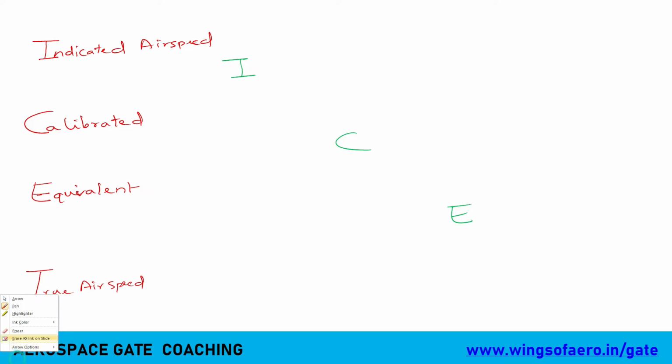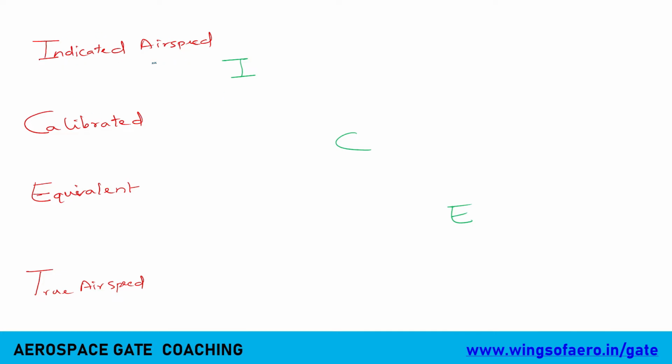Now I will tell you why we are writing in the cross format and how you can remember this. First and foremost, we know the purpose: to identify how much speed it is flowing. It measures the airspeed from the measuring gauge, from the pitot-static tube.